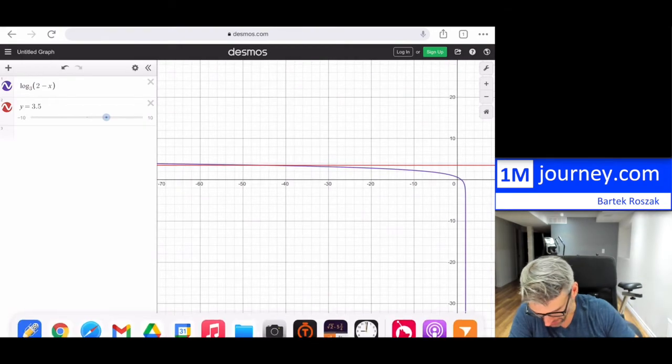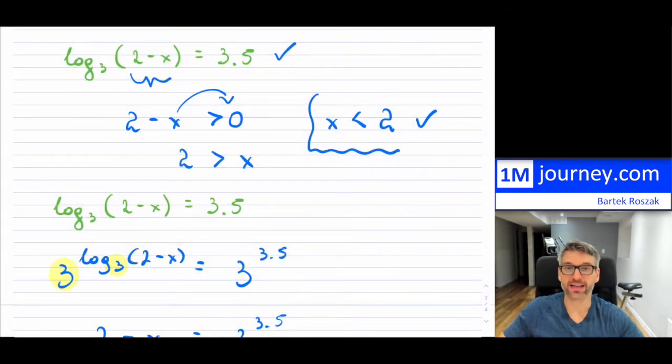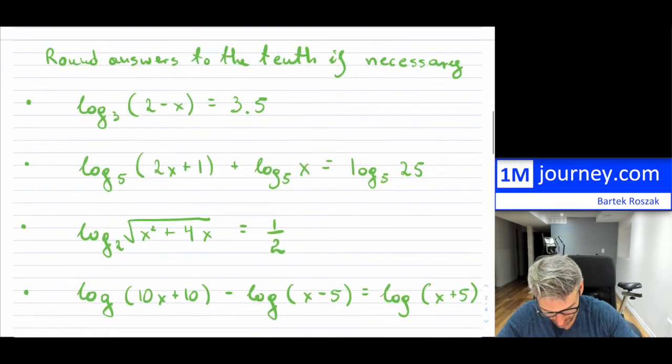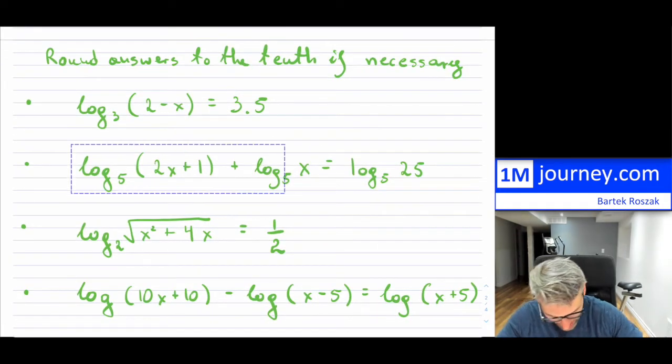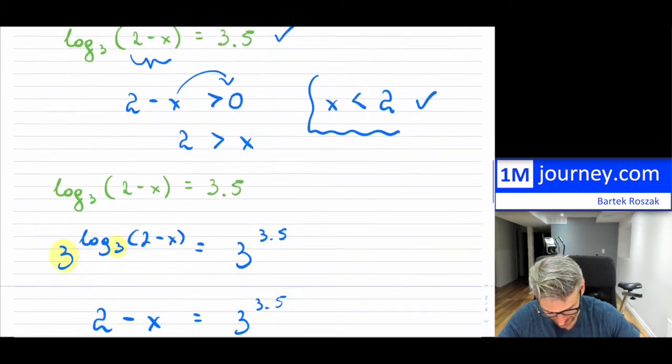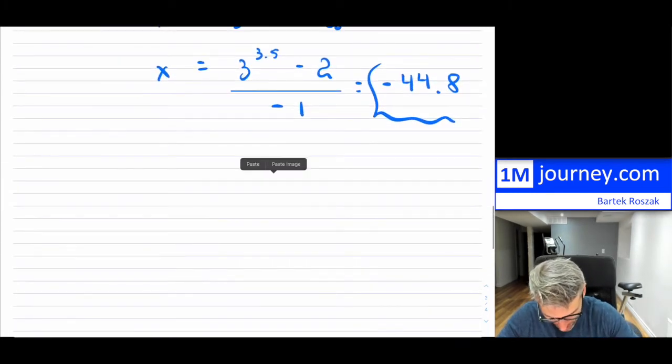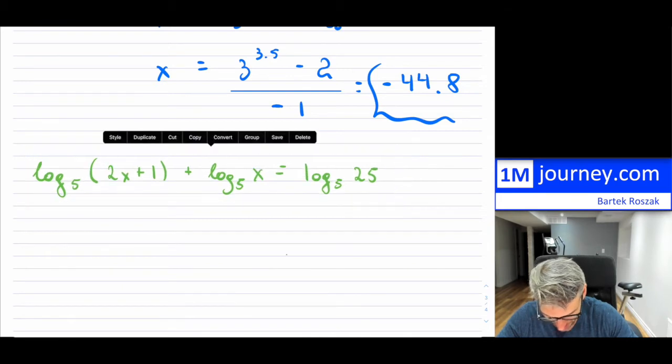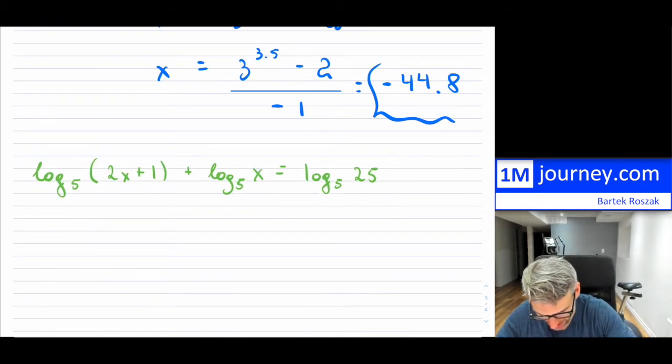Okay, let's take a look at example number 2. I'm going to grind away through all of these; I'm not going to plot them all. This example is the one that we started off with. First thing, we have to worry about the restrictions.